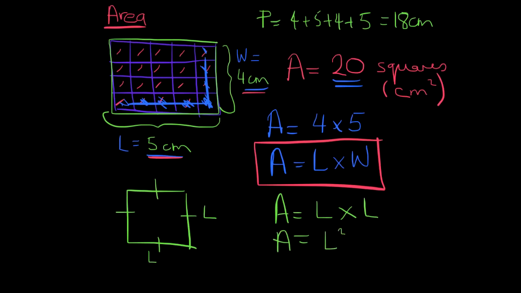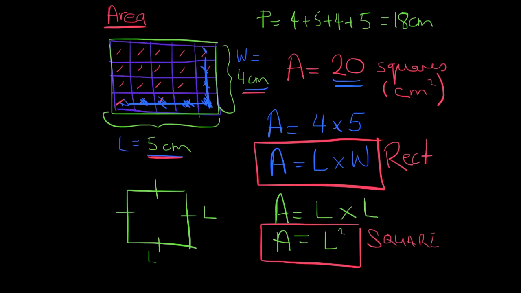So the formula for a square can be used as A equals L squared, instead of A equals L times W for a rectangle. So this is for a rectangle, and this is for a square. Now, you don't have to use this formula for a square.